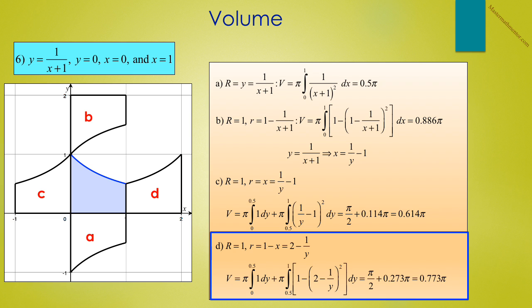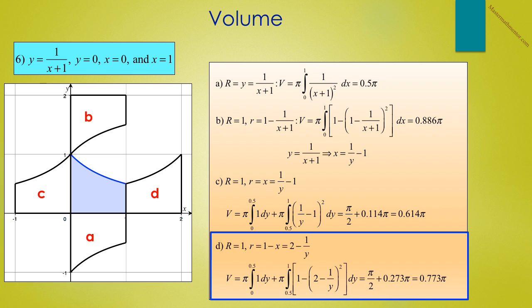So the answer, which is largest, is rotating around the line y is equal to 1. The second largest is rotating about the line x is equal to 1. The third largest is rotating around the y-axis, and the smallest is rotating about the x-axis.